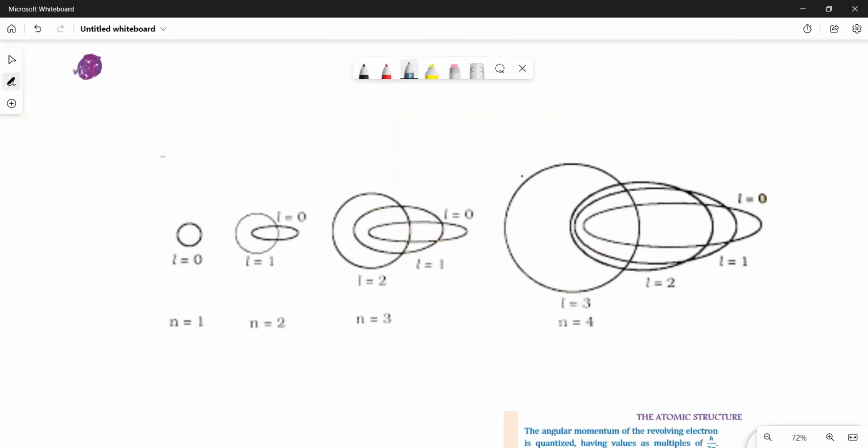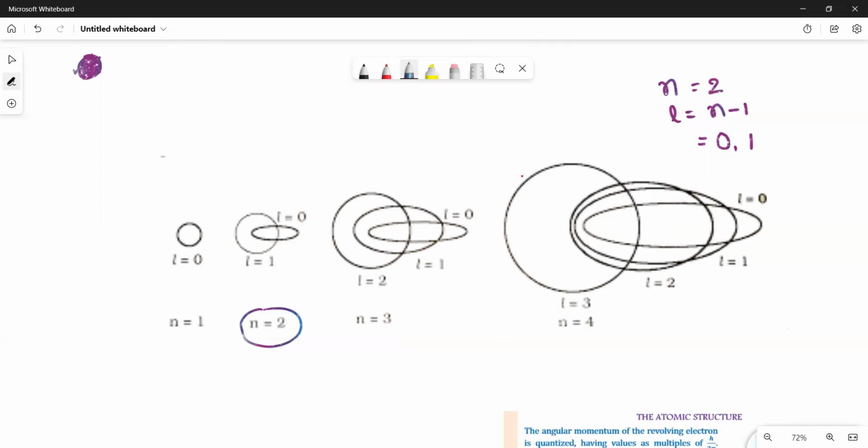In this case, as I have told, the value of L will be n minus 1, right? So the values are 0 and 1, and the number of L values will be 2 if n equal to 2. The total number will be n.